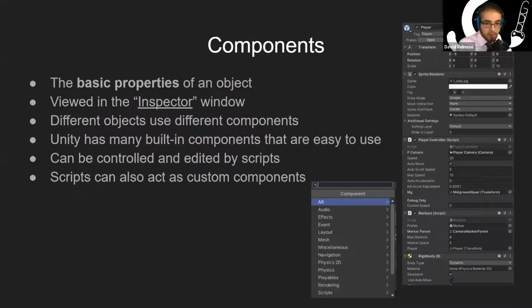These are predefined components that are really plug and play. As you can see on the right, we have a whole list of fields that you can enter in whatever values you desire. Now, components can also be controlled and edited by scripts. And scripts are actually custom components, but we'll get into that in the next slide.